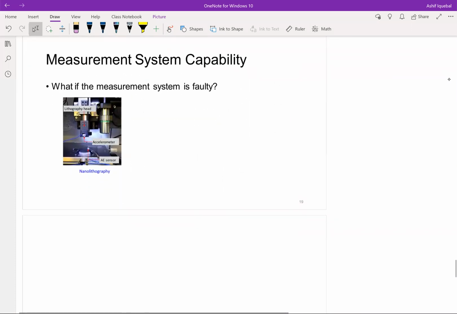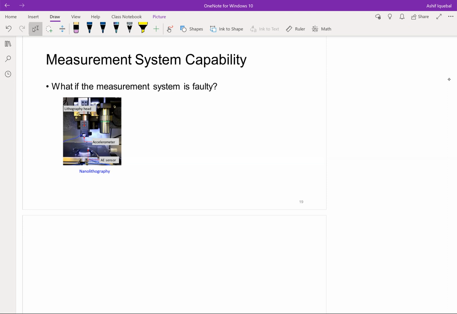All right, so let's take a look at the last topic and then we will conclude lecture 7. The last topic is very interesting. I would not go too deep into this because it's not easy to cover in one course. This is called measurement system capability. Let's say you developed control charts and specification limits. You did everything, but your machine was not working properly.